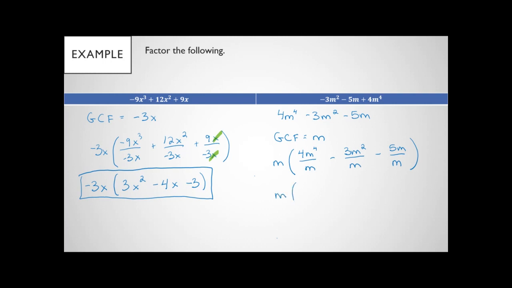And then I simplify. So the numbers, nothing's happening in the numbers because I'm not dividing them by anything. But each of my exponents is going to decrease by 1 because I'm removing 1 from them. So I have 4m cubed minus 3m, then minus 5 because the m's cancel.